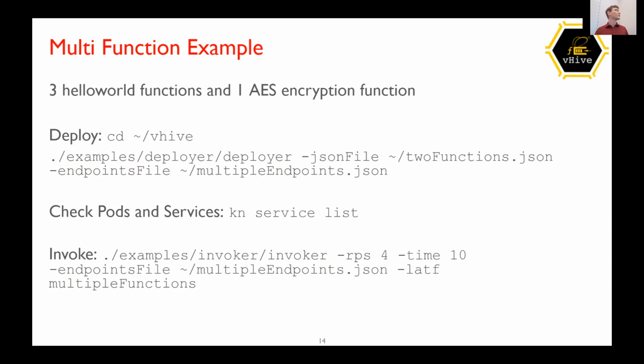In this command that I give you as an example, you see 4 calls per second, 10 times, which means that you always have 3 times hello world, 1 time AES, and then repeat that. You can now have, again, a look at the pattern in your response. You might see that there isn't such a clear pattern, especially in the beginning with the cold starts.